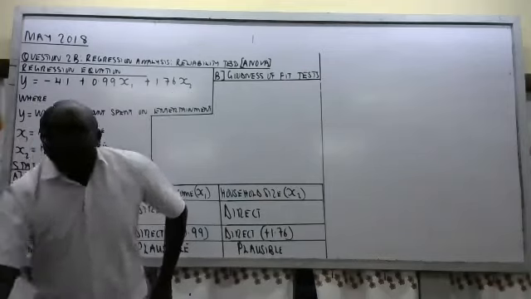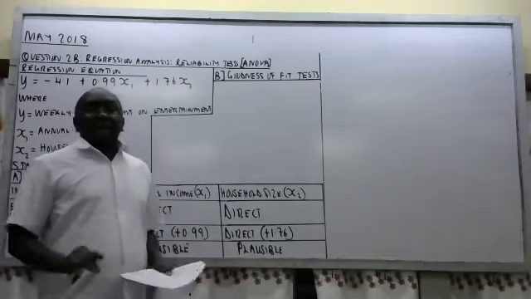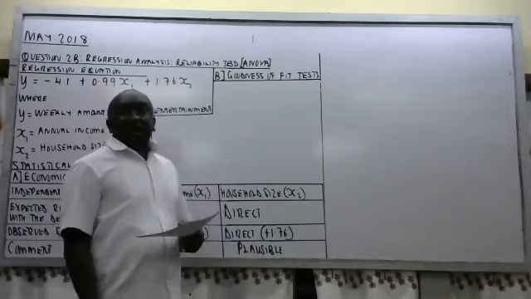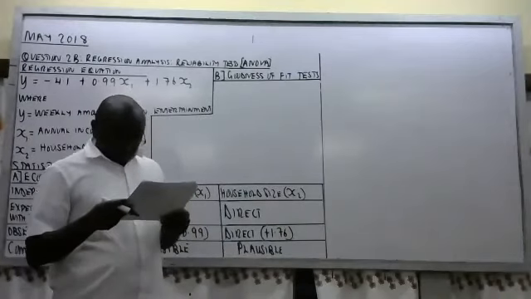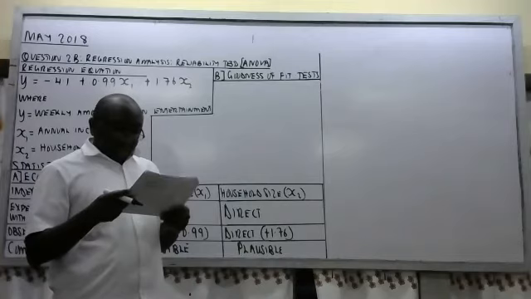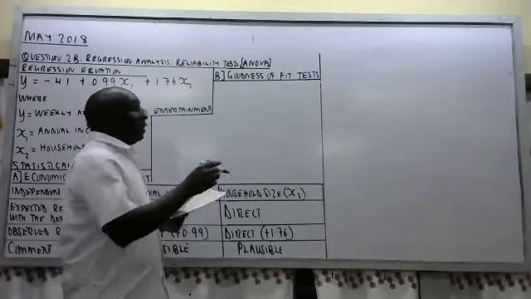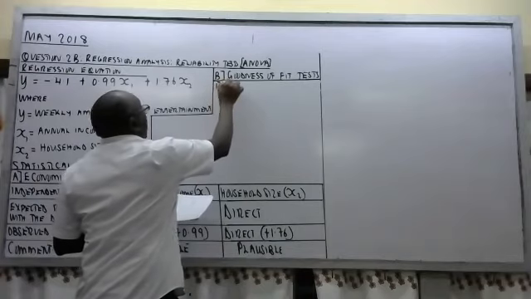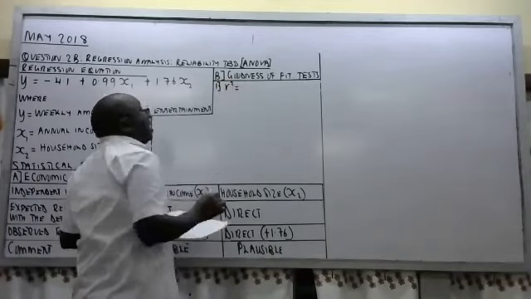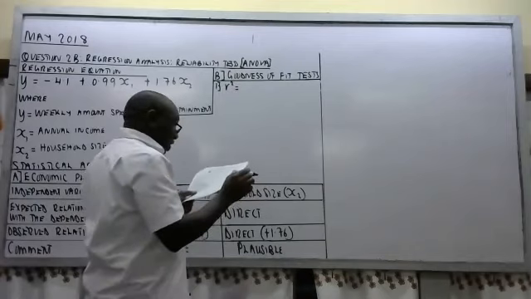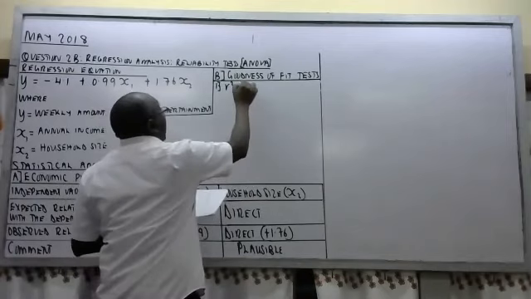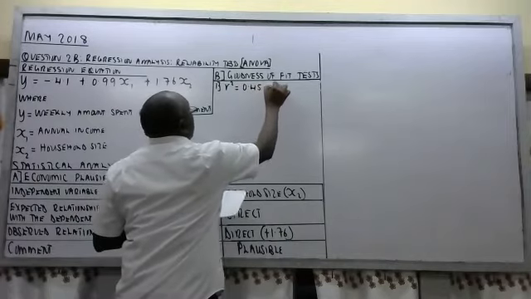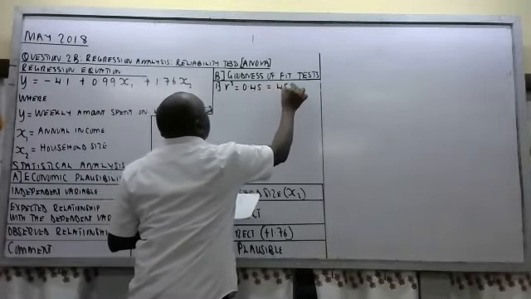In the goodness of fit tests, I told you there are 6 tests. Number one is R square. So you can see we are given R square. R square, we can see it is 0.45, which is 45%.